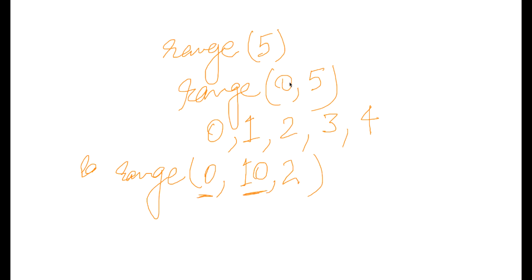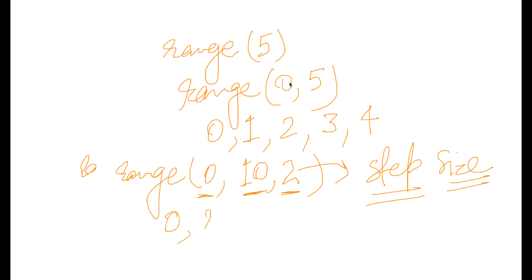And this is called the step size, that means with a step of 2. What values will it give? First it will give me 0, then 2, then 4, then 6, then 8. And 10 is not included. It gives values in the interval 0 to 10 with a step size of 2. It will exclude 1, 3, 5, 7.